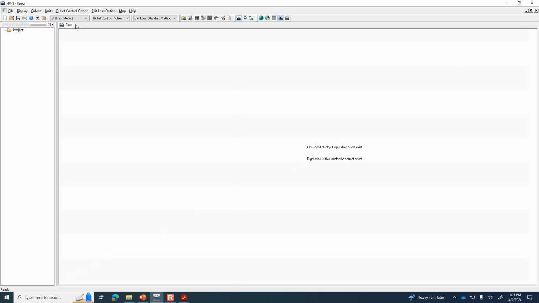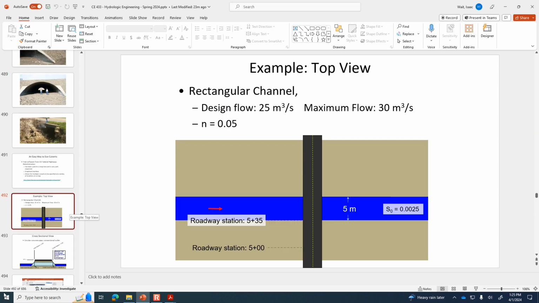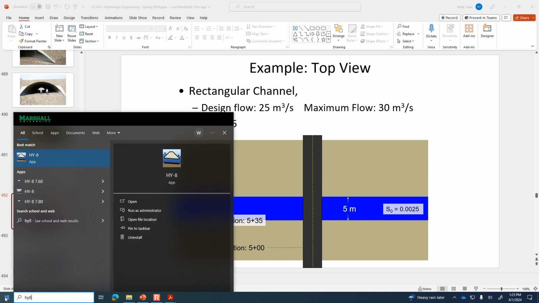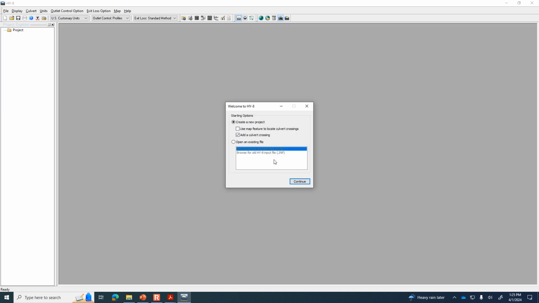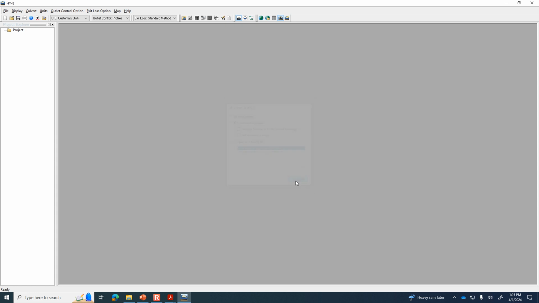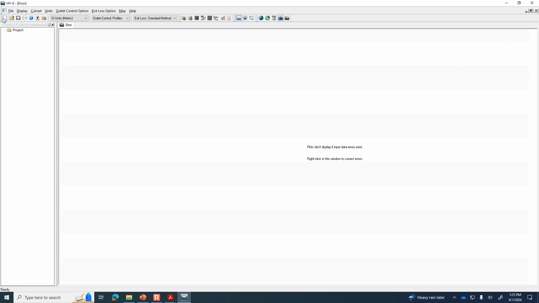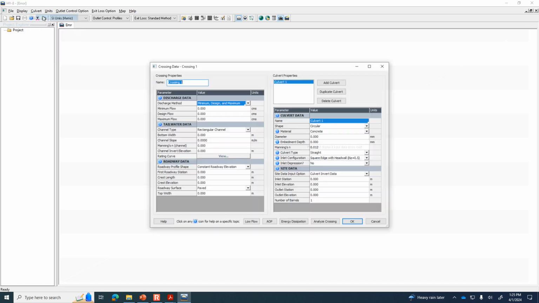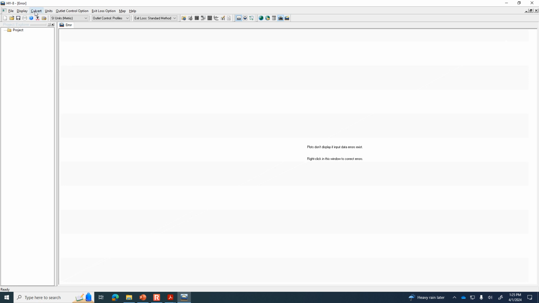My always go-to thing when I've had to change the units is restart the program, because I've seen too many programs where it just is not successful unless you, oh, it's still in US customary. Culvert, new crossing. Okay, now it's in cubic meters per second. So I guess we don't restart, but set it to metric, and then you'll have to put in a new crossing with culvert, new crossing.